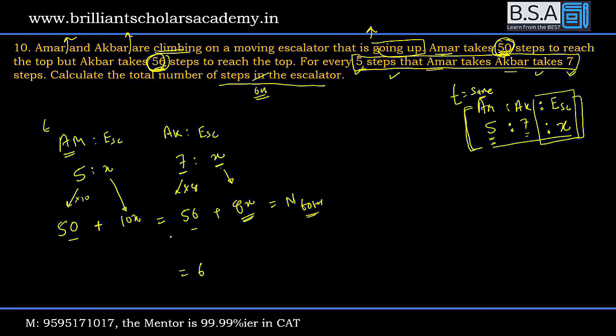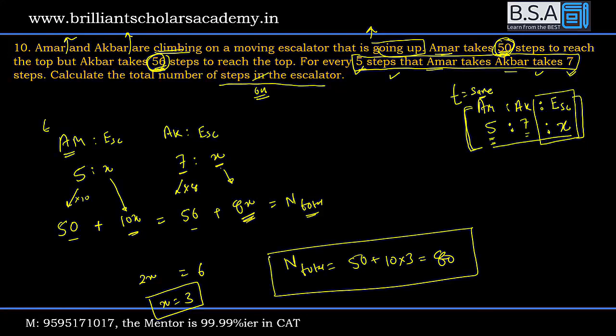You transfer this 8 on the left, it becomes 2x. X becomes 3. वो 3 को आप इधर put करो, कोई फर्क नहीं पड़ता. It will be the same answer. So the total number of steps on the escalator are 50 plus 10 into 3, 80. Everything comes down to 3 steps.